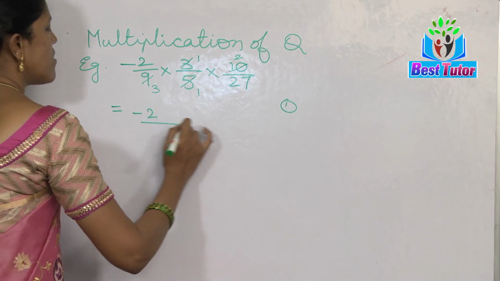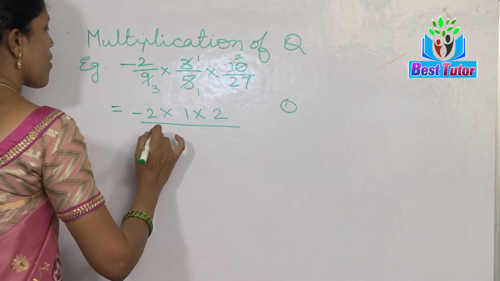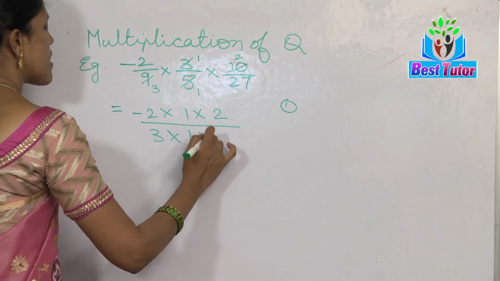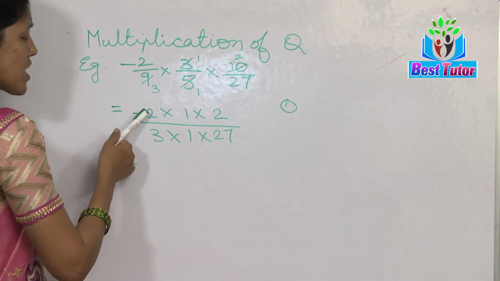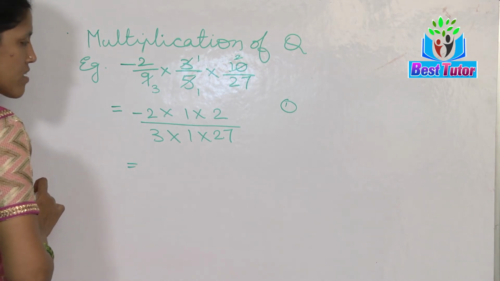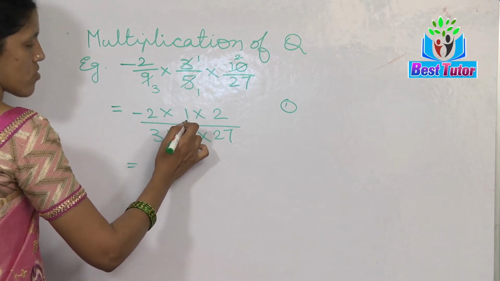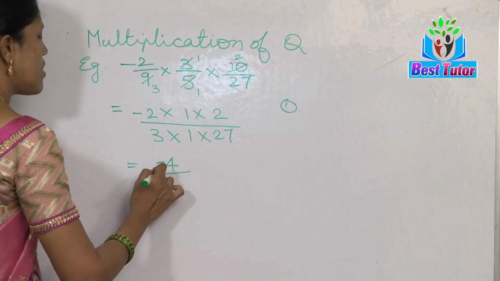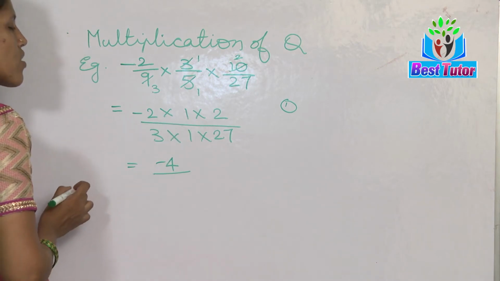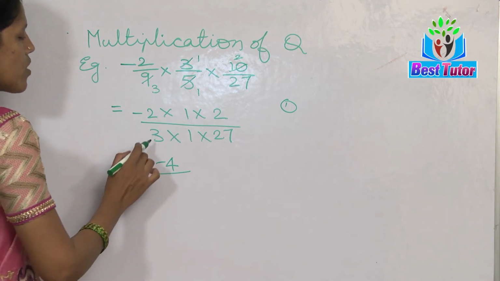Including the sign, we will take the product of the numerators and denominators. Let us check if we have forgotten any common factors. No. So minus 2 into 1 is minus 2. Minus 2 into 2 is minus 4. The numerator of the result fraction is minus 4.